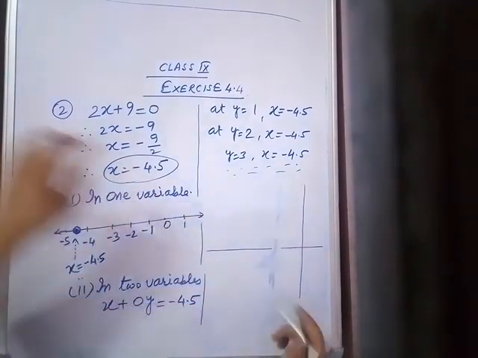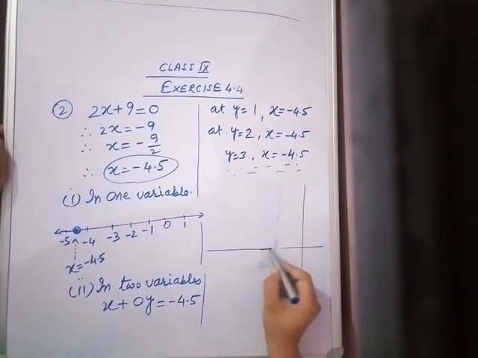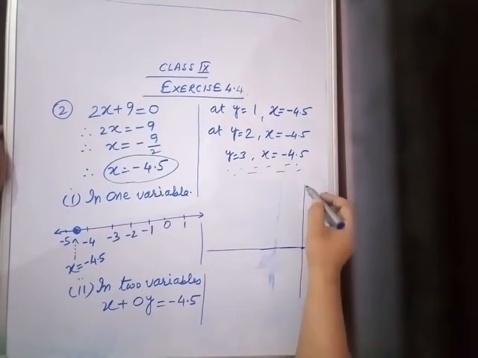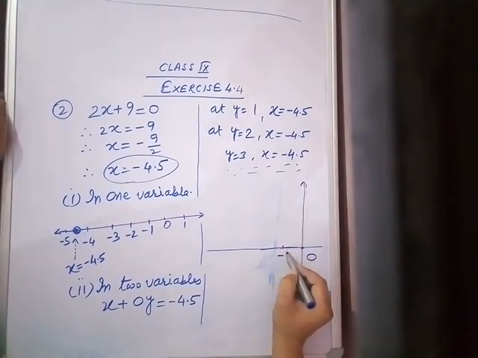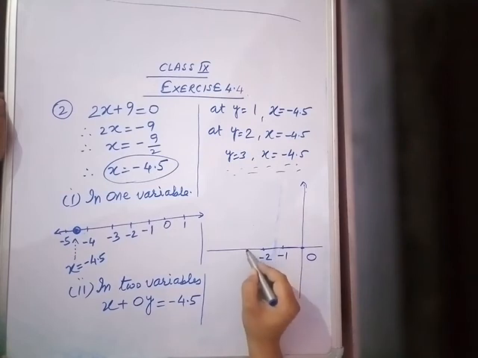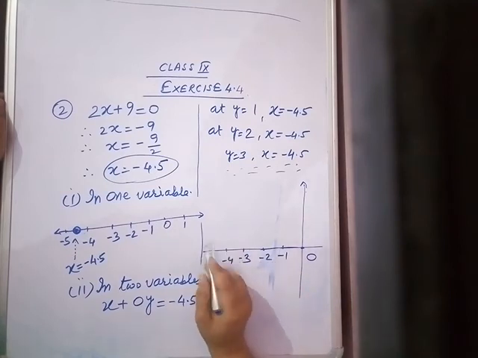More space is given for the negative x-axis. Now this is minus 1, minus 2, minus 3, minus 4, minus 5.